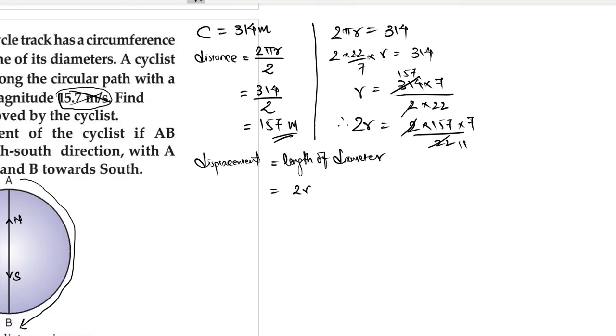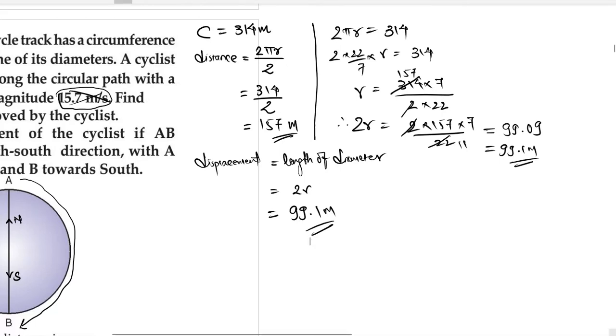So we can simply write it in fraction or convert it into decimals. Let's convert it into decimals. Okay, so when I convert it into decimal, I get 99.09, which is 99.1 meter. Okay, so I will write 2r, that is displacement is 99.1 meter approximately, right?